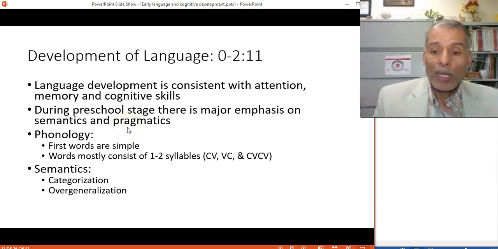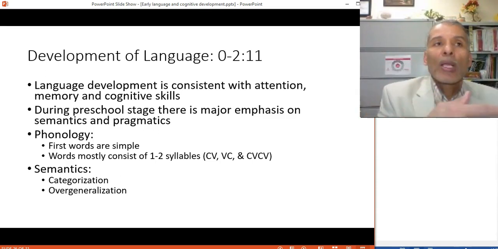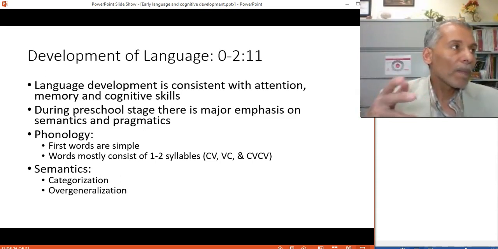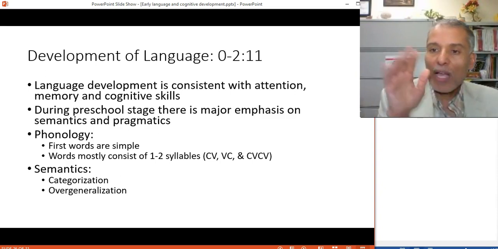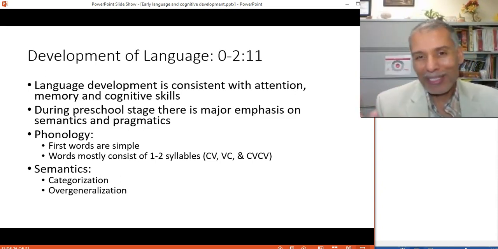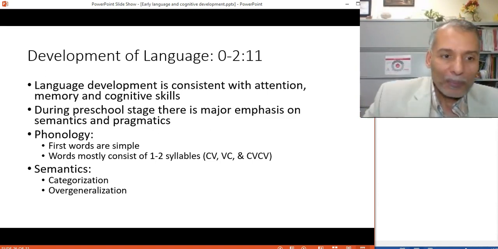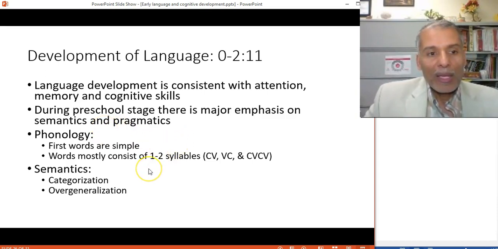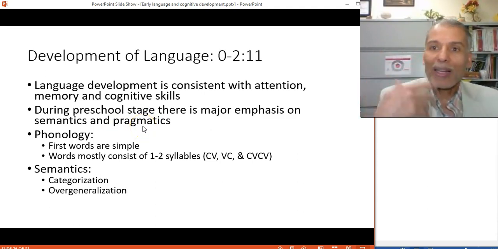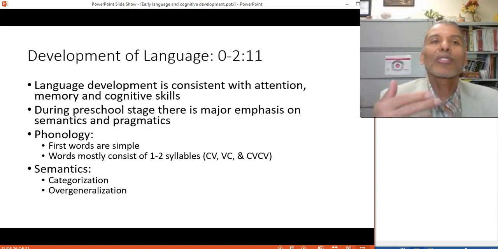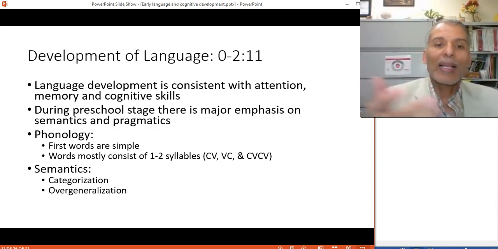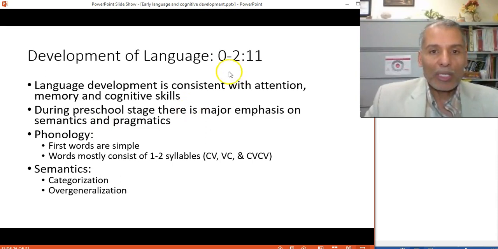In other words, the baby is going around picking up words very quickly and learning, on average, 5 words a day. And of course, that might sound like not too much, but day by day, that's a lot. And then pragmatics, social communication. How do they interact? How do they take turns? How do they start speaking? When do they interrupt? And so on. So that is a major focus in that preschool period.